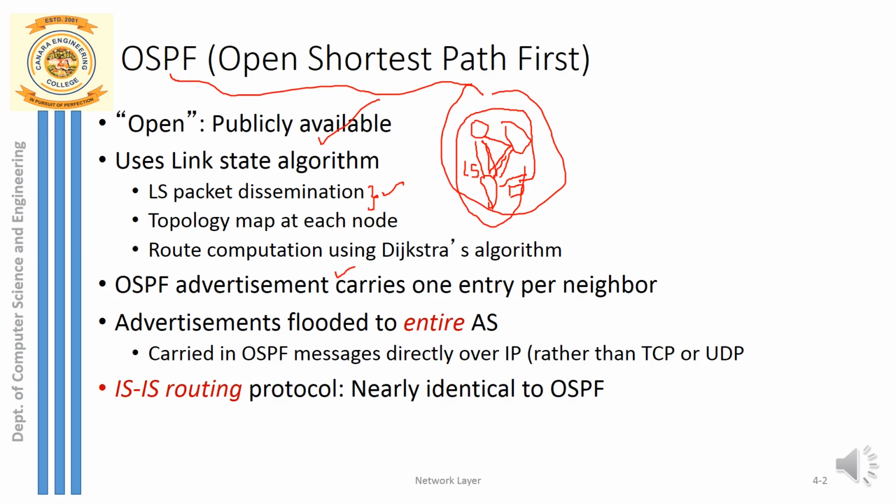Here you can see it is actually the routing protocol. You can call this IS to IS routing, something like intra-AS routing, or internal to the autonomous system. This is what you have to remember.